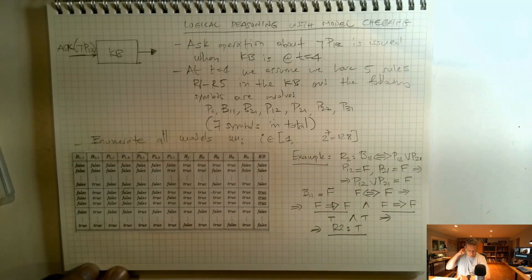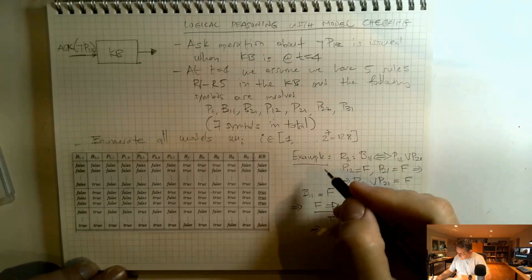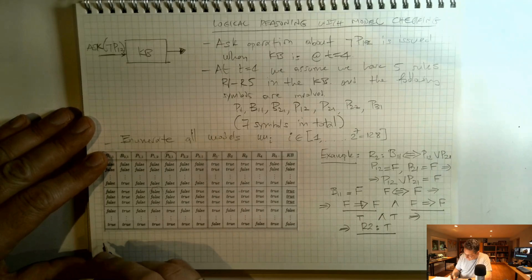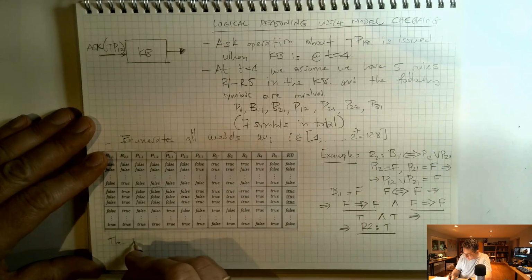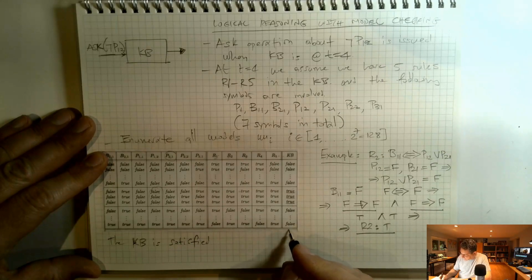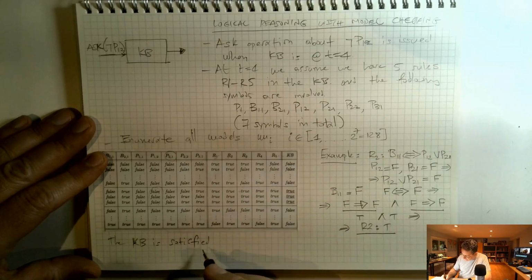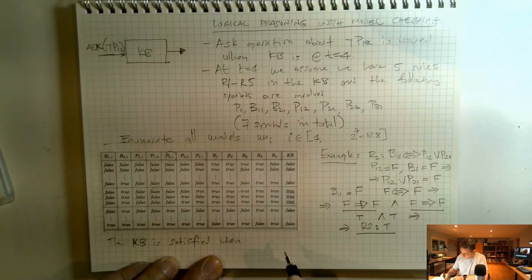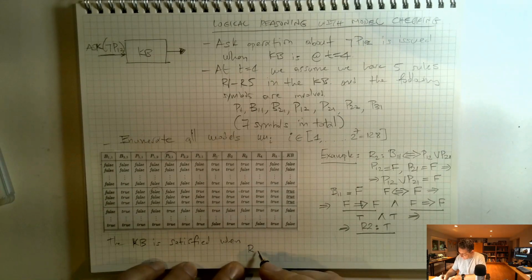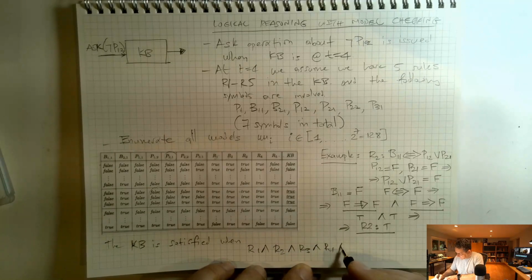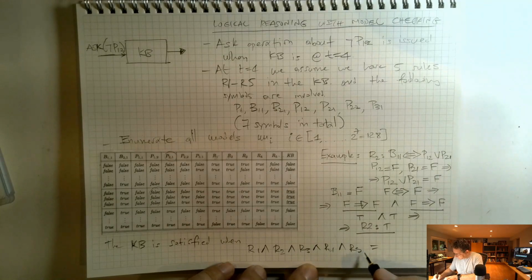Another thing we said is that the set of models where the knowledge base is satisfied, and I'm referring now to the population of this column over here, is when R1 and R2 and R3 and R4 and R5 is true.